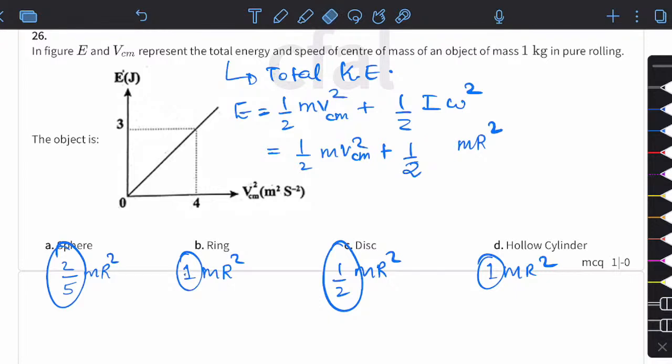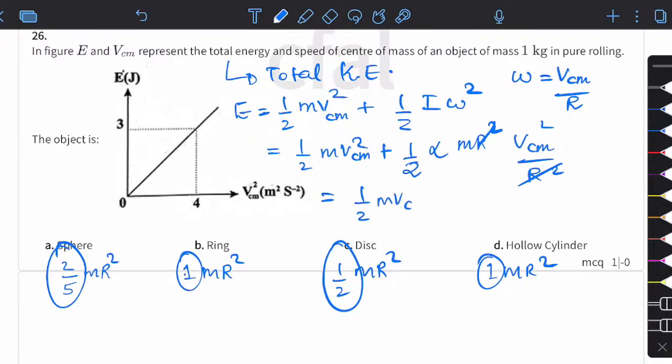So half into alpha into mr square, and omega for pure rolling is equal to v by r, where r is the radius of the object. So for pure rolling, omega is v by r, so v square by r square cancels out. Therefore, I can take half m vcm square common, and I get 1 plus alpha.